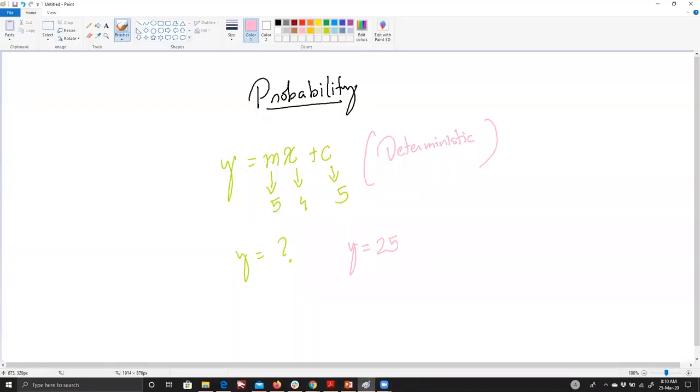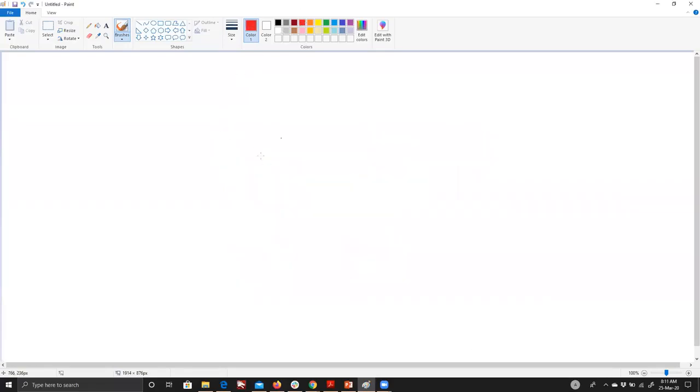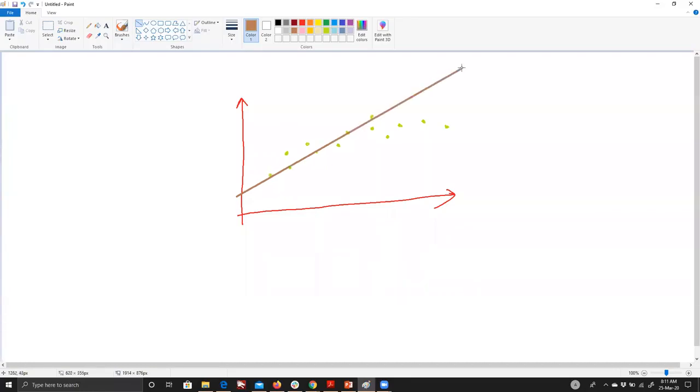So let me show you. It would be better if I just draw it here. Let's try to draw some random points. Now try to tell me which describes this data distribution the best: this line or this curve.